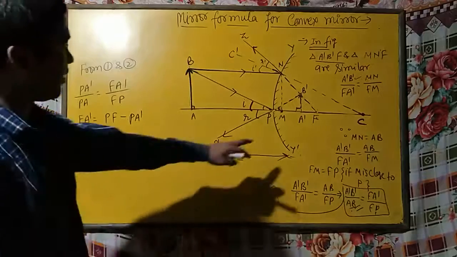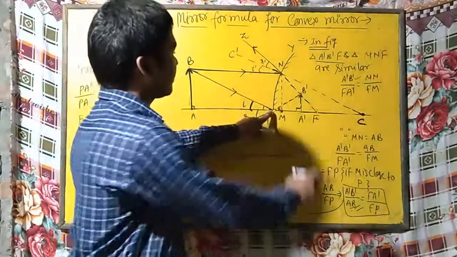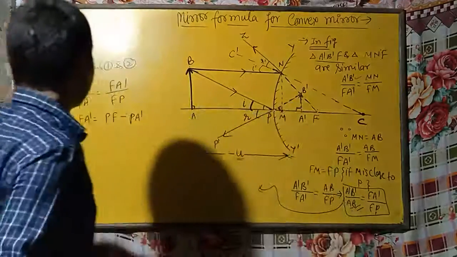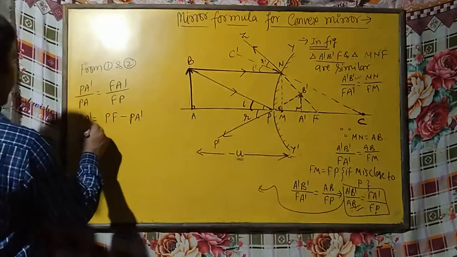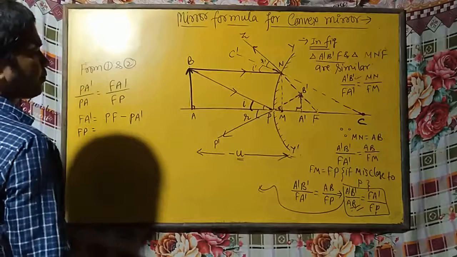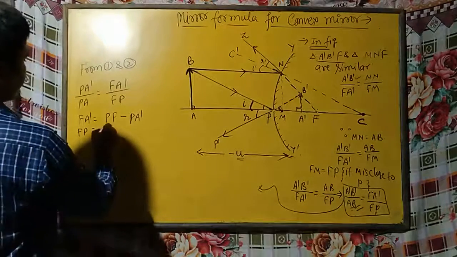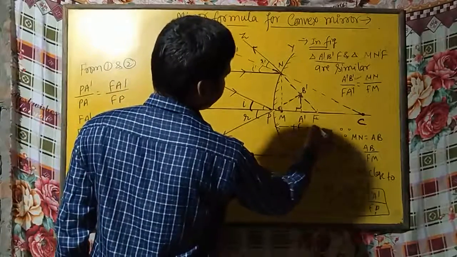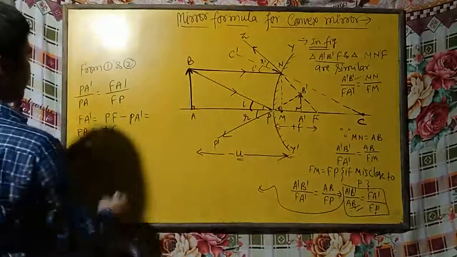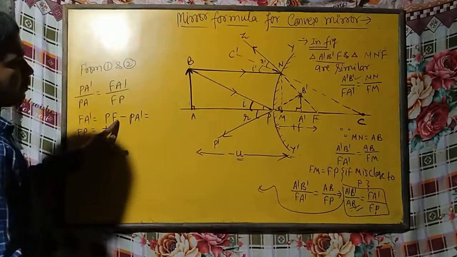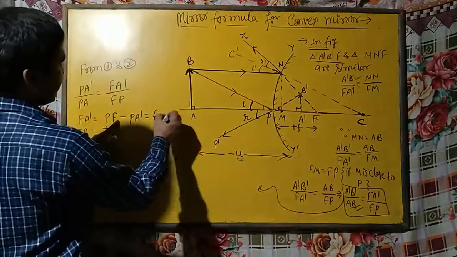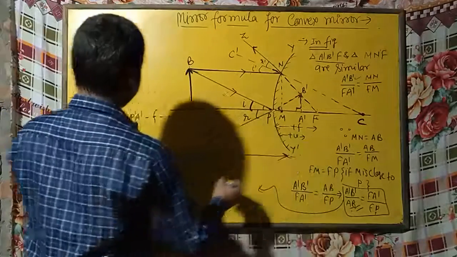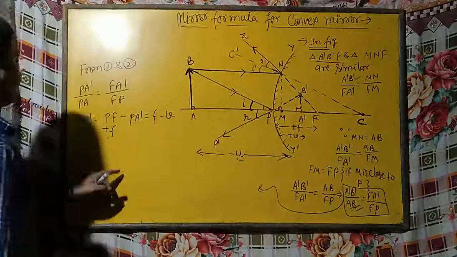You can see here fa dash is pf minus pa dash, and fp is equal to plus f. You can see this is the focal length, and this one is pf. Pf means focal length, minus pa dash means the value v, that is image distance.